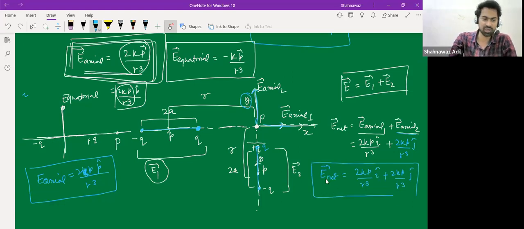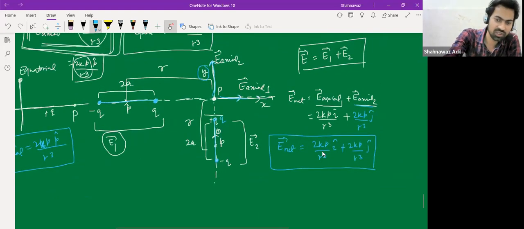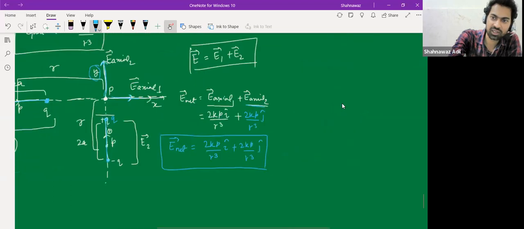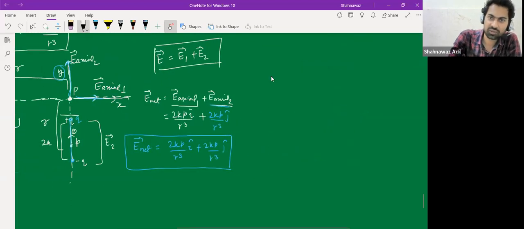Understood, guys? Mariam, Saad, and Aisha, understood? Okay, now if I ask you for the magnitude of this E net, you have already learned vectors. If we have a vector A, which is AX i plus AY j, what is the magnitude of A?